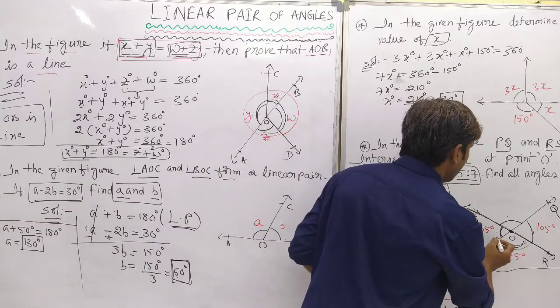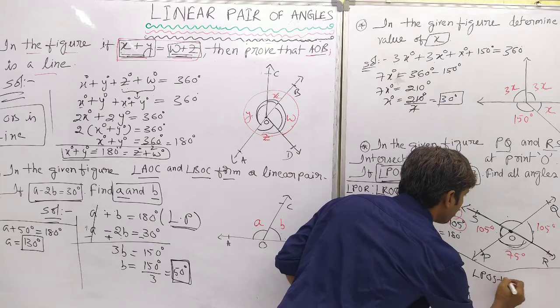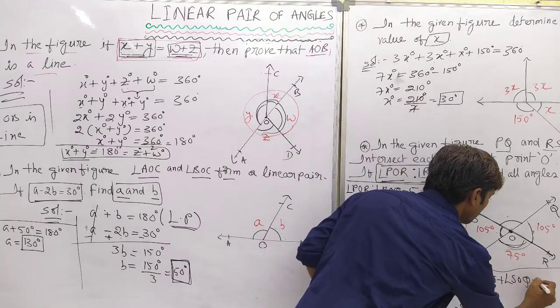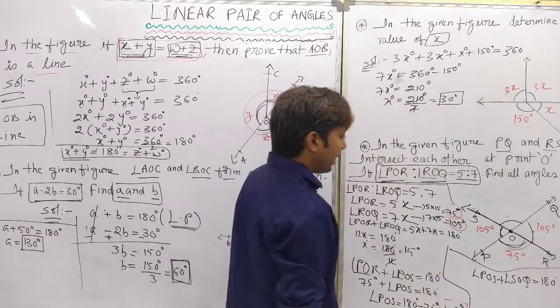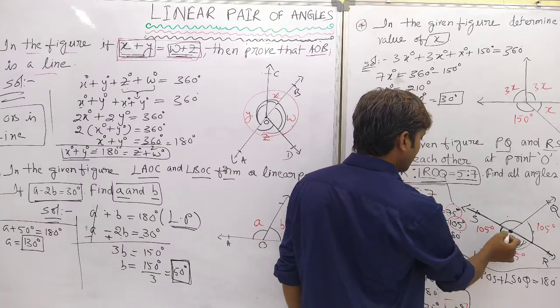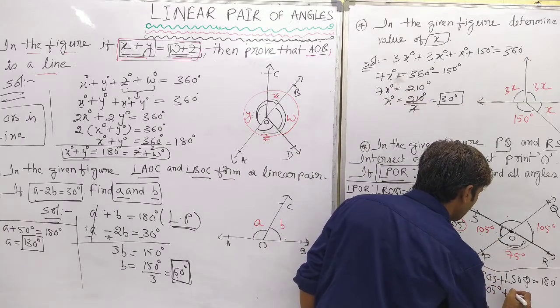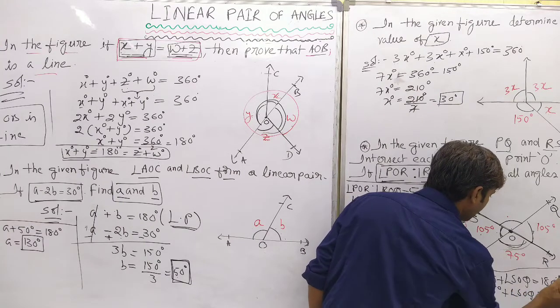So now here angle POS plus angle SOQ equal to also 180 degrees. Got it? Now, angle POS value we already found. What is that? 105 degrees. So 105 degrees is substituted. Angle SOQ equal to 180 degrees.